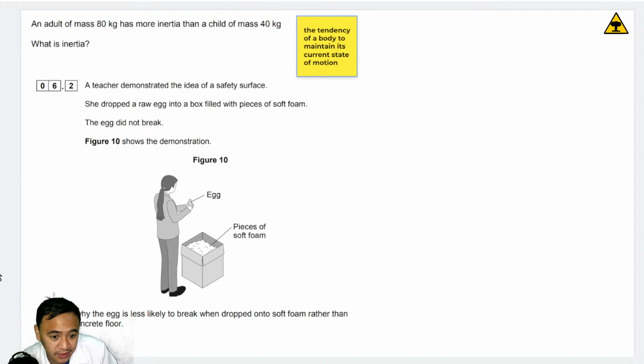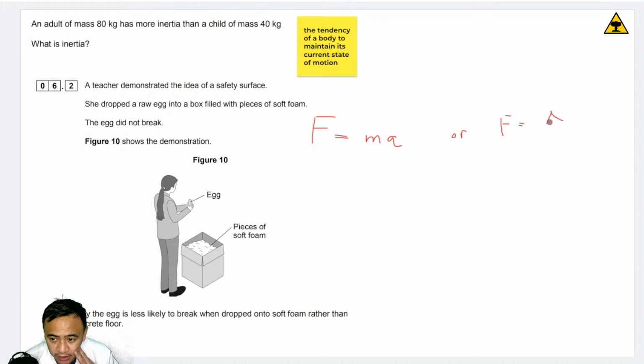So again, I'll just state here how I would actually write it down. Always write this down in terms of force equals either MA or force equals the change in momentum per unit time. The way you stated it, I'm going to answer in terms of change in momentum over time.